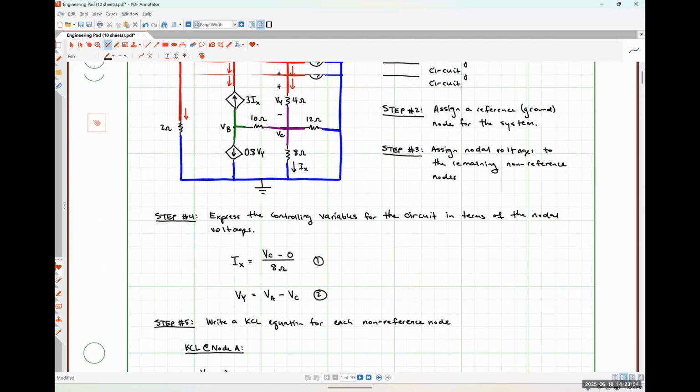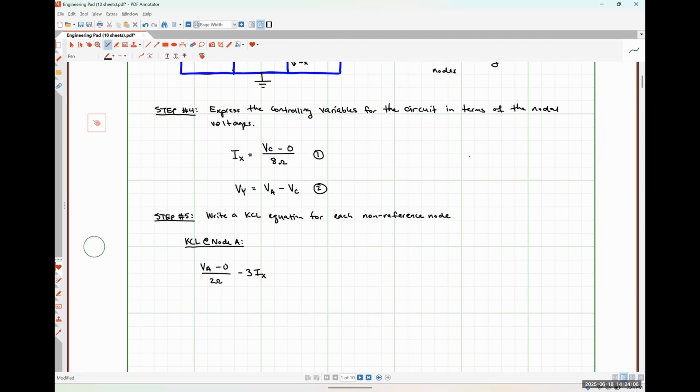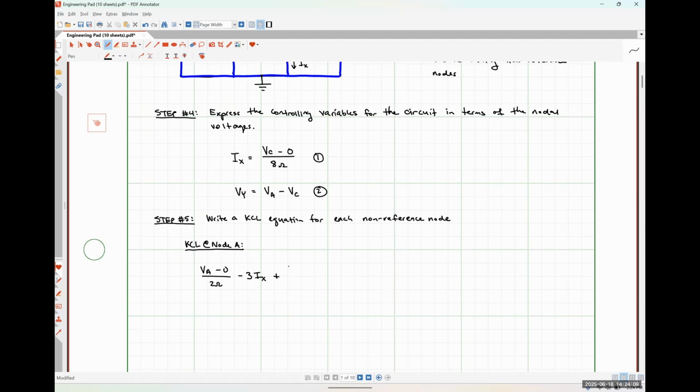Okay. The next current that I'm going to write an equation for is the current flowing through the 4 ohm resistor. So it starts at node A and it flows towards node C. So that'll be plus VA minus VC over 4 ohms.